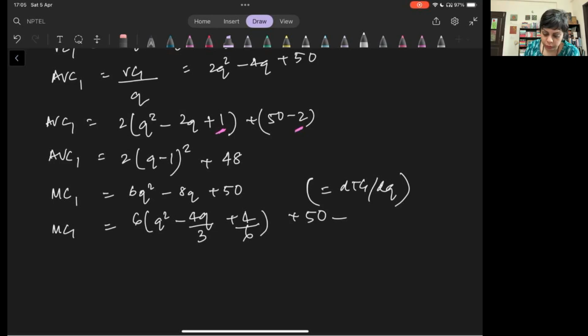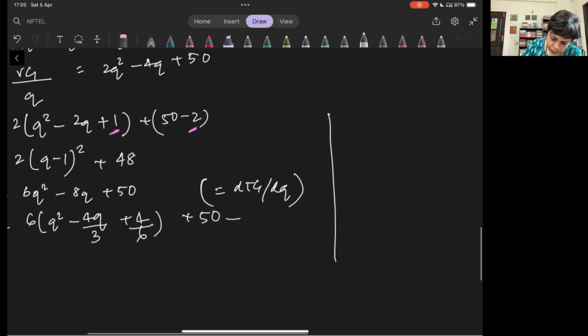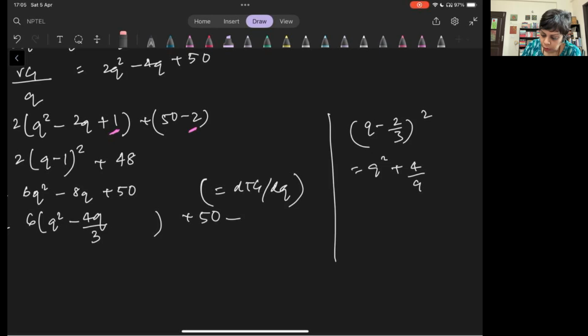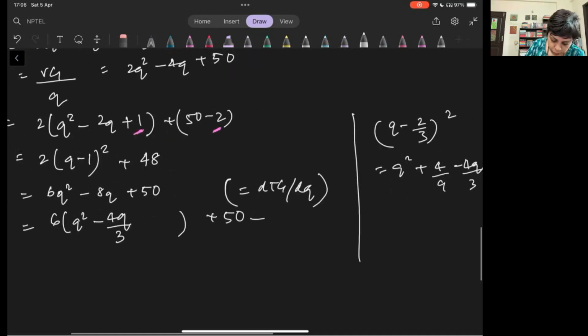And let me do the rough work this side. (q minus 2 by 3) whole square is q² plus 4 by 9, not 4 by 6. Okay, this should be 4 by 9.